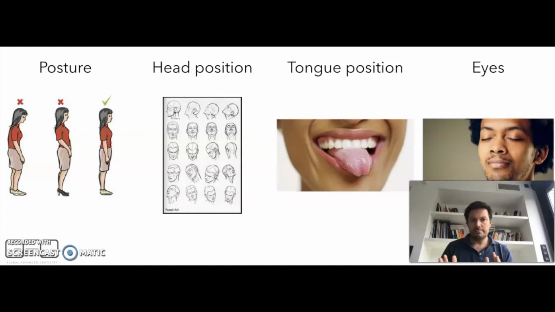Another thing is be careful with the tongue position. Make an exercise: place the tip of your tongue on the palatal surface of your premolar on the right and bite, and you have some contact.